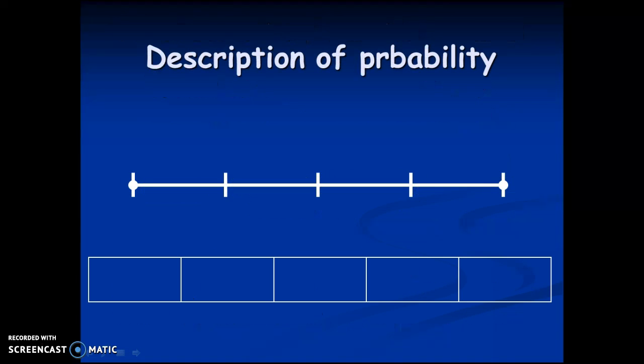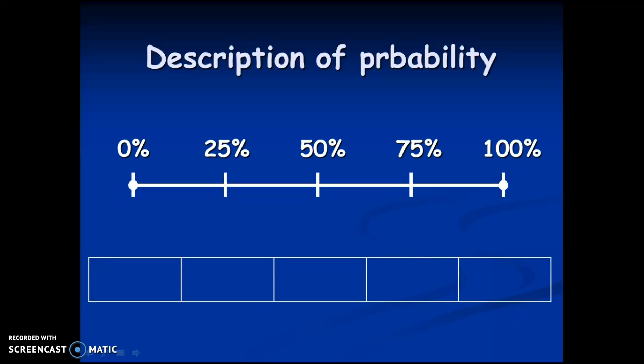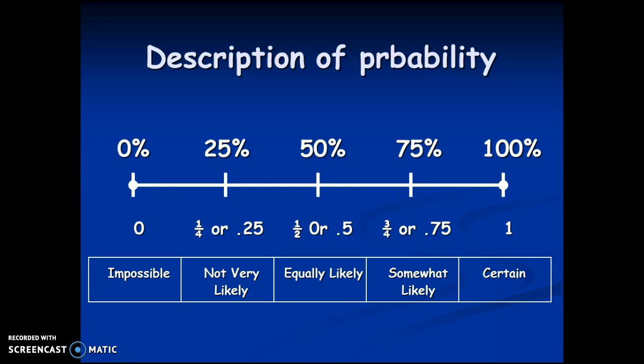Here's a description of probability. The way we describe probability is whether something is likely to happen or not. We use a number line from 0% or 0 to 100% or 1. If your ratio of favorable outcomes to total possible outcomes is 0, we say that is impossible.